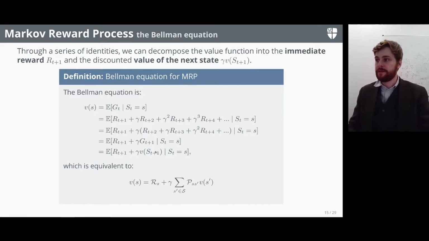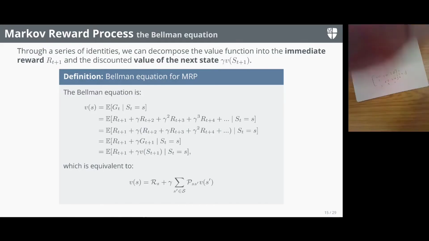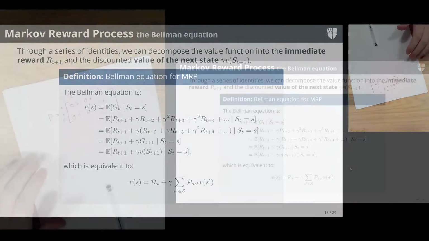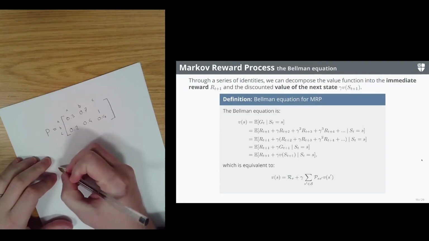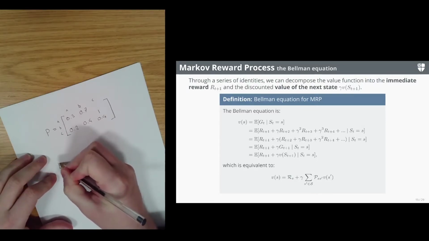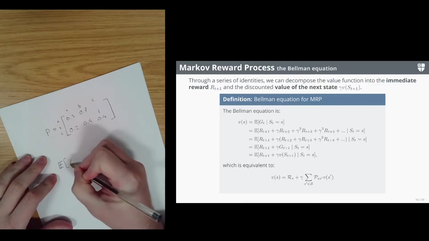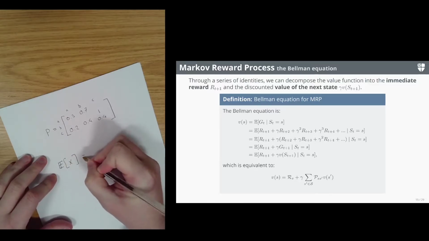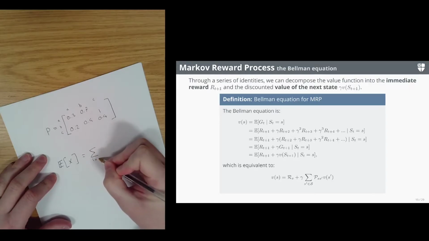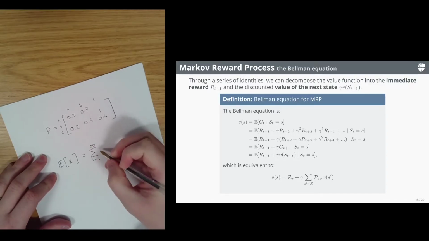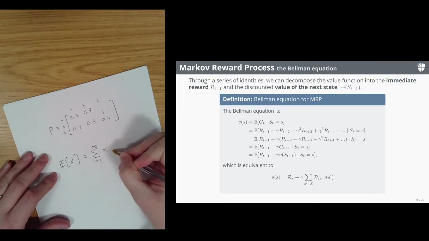So I don't know if you remember, maybe I can put this down from our previous lecture, the definition of the expectation. We said that the expectation of some random variable x is equal to summing, i equals 1 all along, little x_i times the probability, little x_i times the probability.